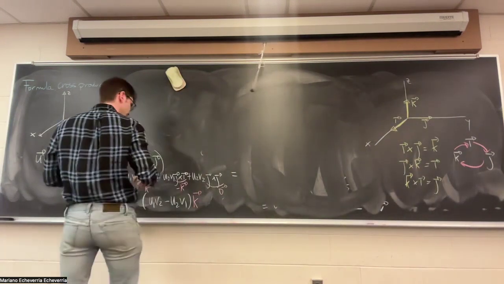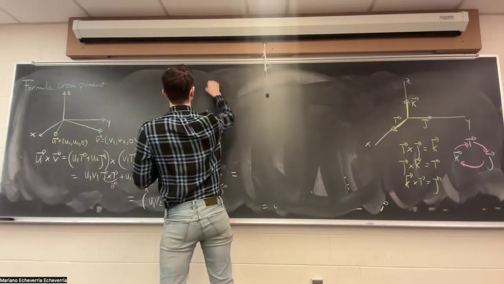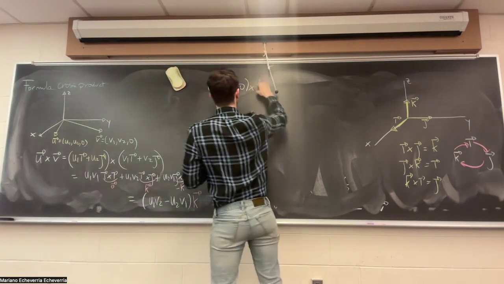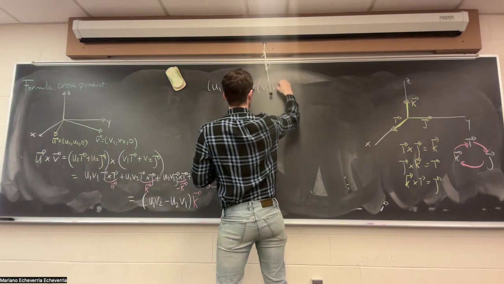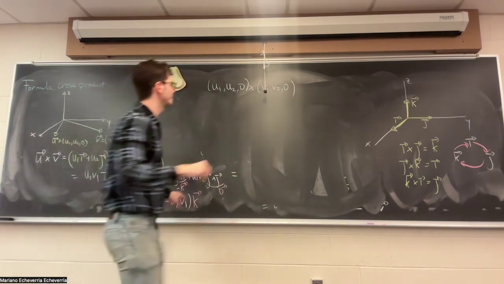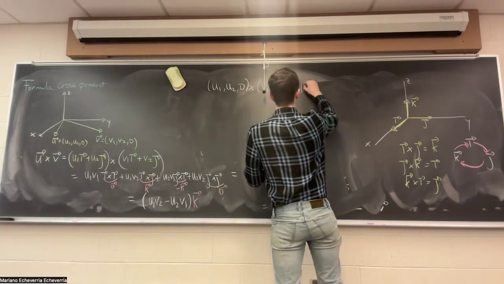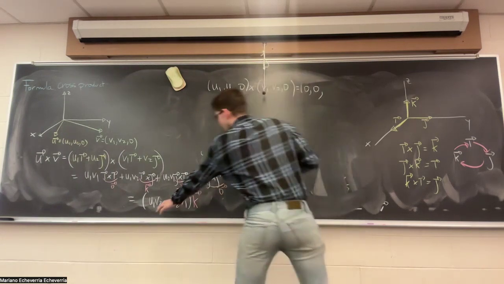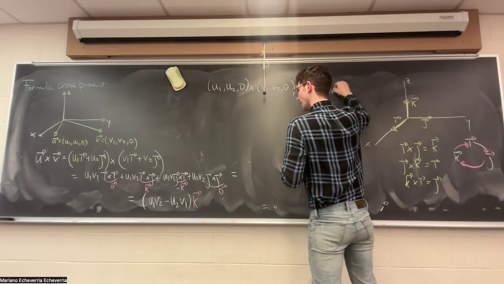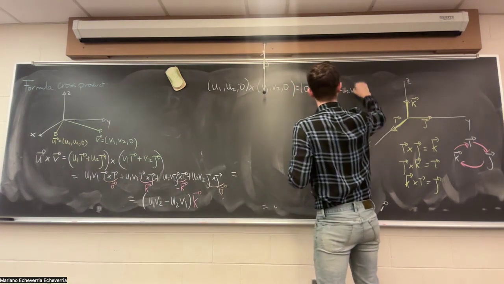If you do (U1, U2, 0) cross (V1, V2, 0), you're getting, since K is (0, 0, 1), (0, 0, this number), so U1 V2 minus U2 V1.